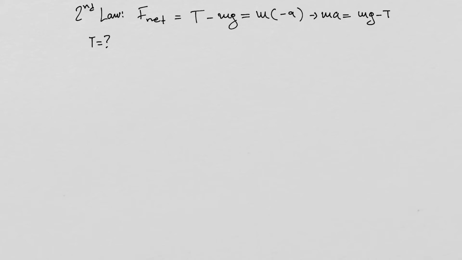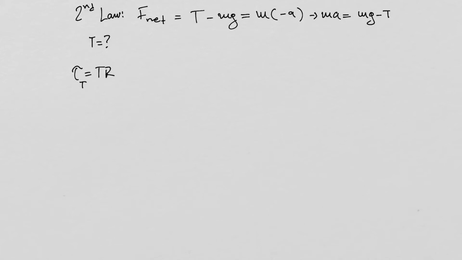We don't know it. So in order to figure out what T is equal to, I'm going to use the definition of torque. So the tension in the rope creates torque with respect to the axis of rotation of the disk.